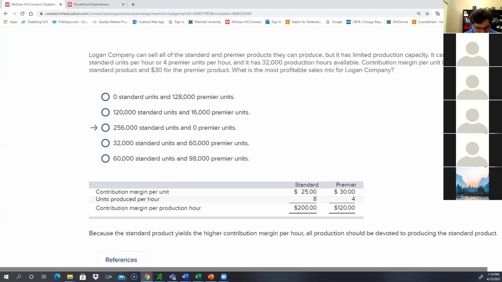Or is there going to be times where that's not the case? Sorry, I didn't understand what you said. So if we're seeing what the contribution margin is, is there going to be any time where it makes sense for there to be a number of units made in both ways? Or is it always going to be all one way and zero the other?